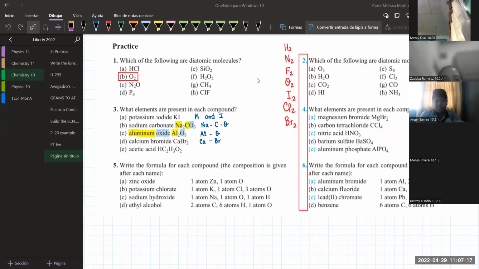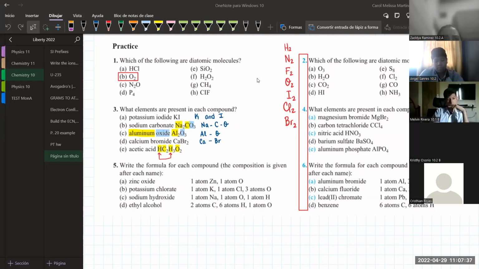Okay? And then it says acetic acid. And they show you these elements. How many elements are there? There are 3 elements, okay? Because hydrogen is repeated. In total, you have 3 different elements.